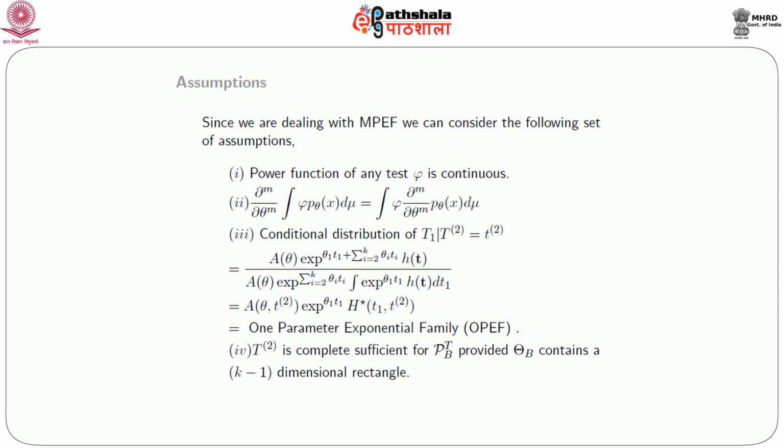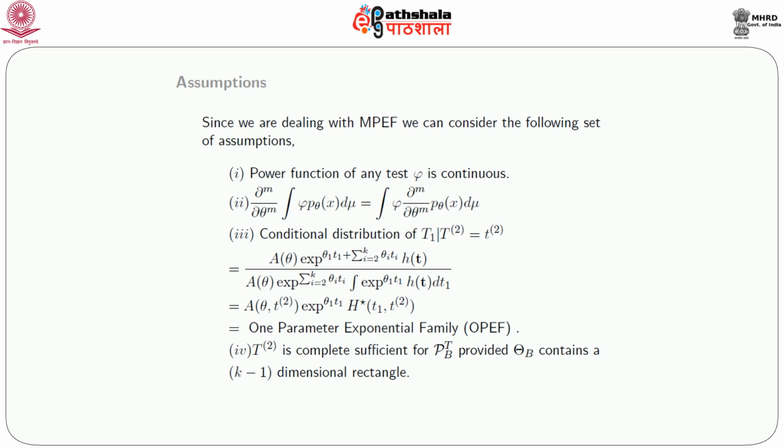That is, we can interchange the differential sign and the integral sign. Number 3, the conditional distribution of T1 given T2 is of the form one parameter exponential family. This is the same form as before. And the fourth assumption is T2 is complete sufficient for script P_B provided script theta B contains a k minus 1 dimensional rectangle.